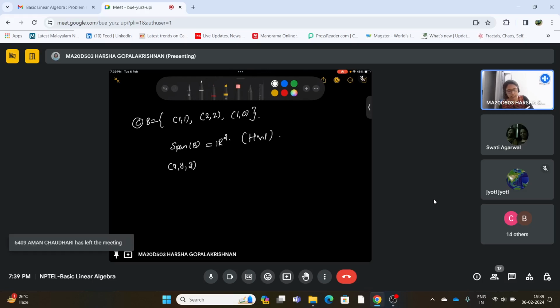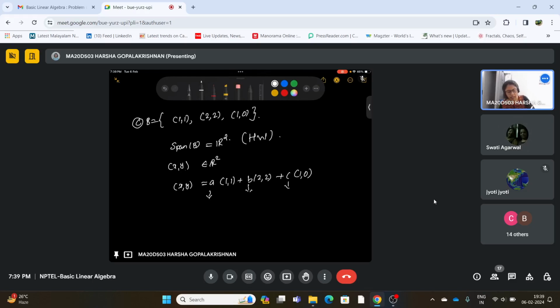Take (x, y), an element in R2, and write it as (x, y) equal to a into (1,1) plus b into (2,2) plus c into (1,0). If a, b, c exist such that any element is in this form, then we can say span B equal to R2.